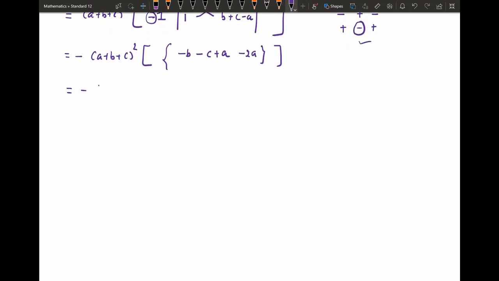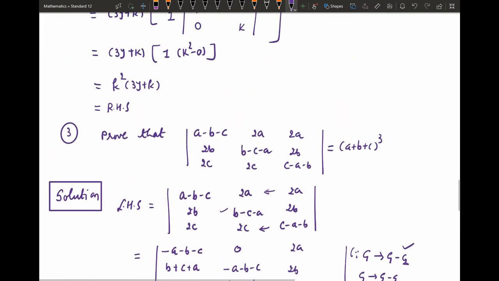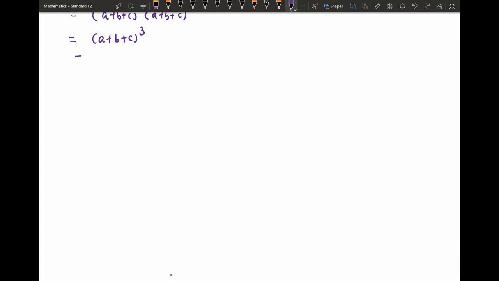Further simplification is A plus B plus C whole square, inside we have minus A minus B minus C. Here you take minus common, so outside minus minus plus, and A plus B plus C whole square into A plus B plus C. So you can observe it is nothing but A plus B plus C cube, which is nothing but our RHS.